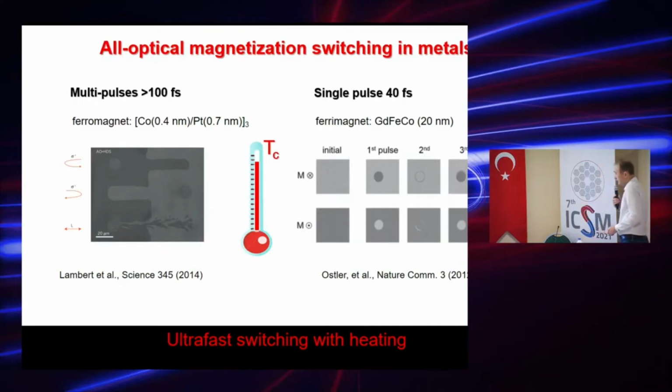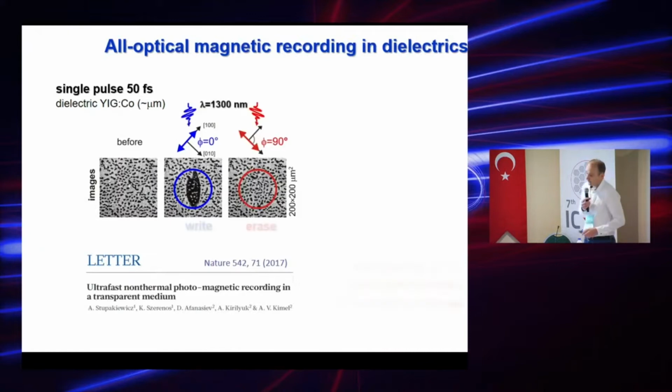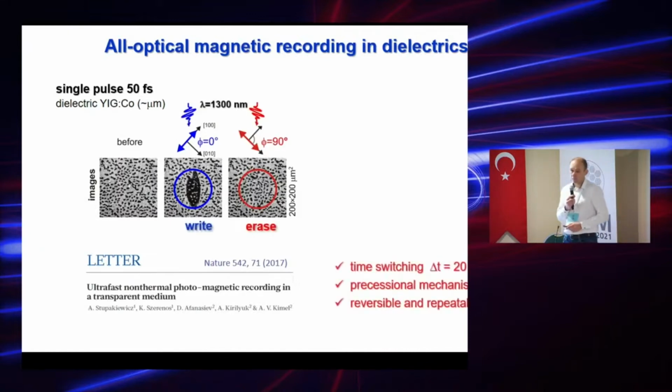Recently, we demonstrated a novel possibility for non-thermal switching of the magnetization using yttrium iron garnet film. This is a ferromagnetic dielectric. In this case, we demonstrate switching of the magnetic domain under linear polarization of the light.